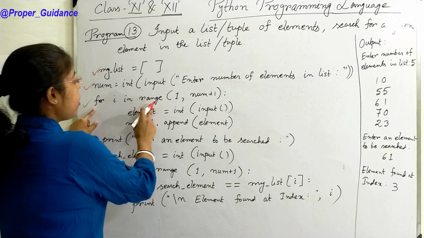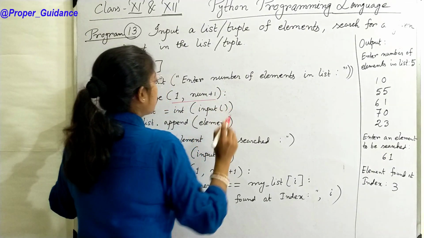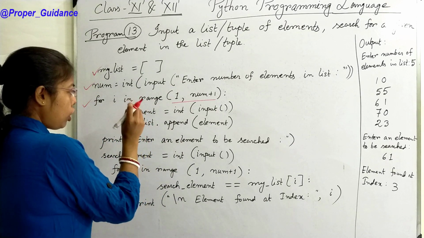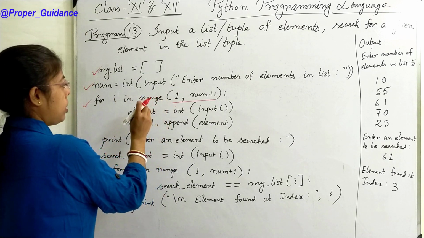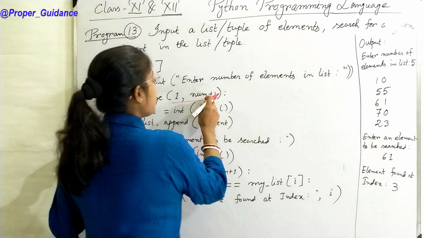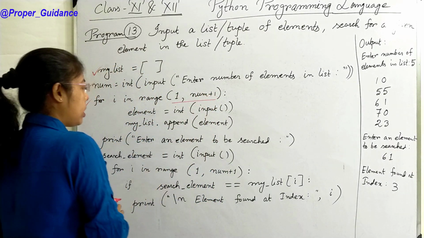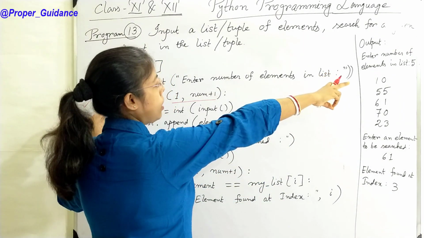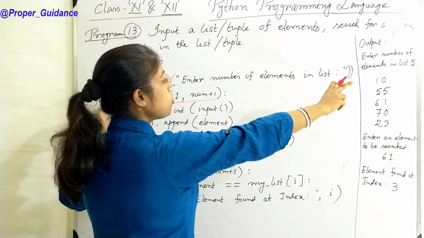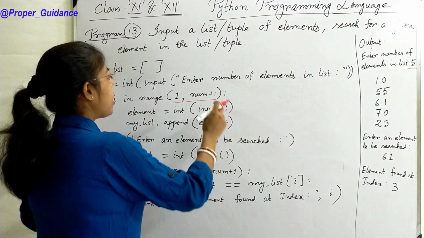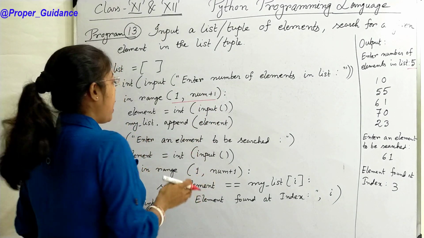For i in range 1 to num plus 1. The initial index of the list will start from 1 and it will go to num plus 1. This means, suppose I am giving, go to the output section, enter number of elements in list. I have given here 5. So num equals 5, then num plus 1 equals 6.